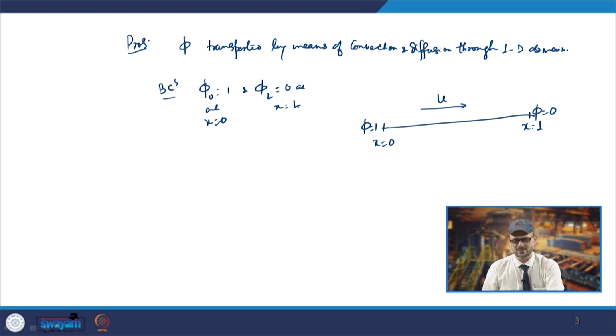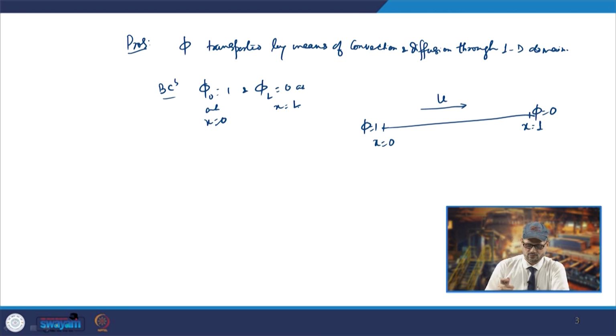Now, we will see how we find the control volumes. We will have a number of control volumes in this domain, and then we will try to assess how the different schemes are able to predict the result, and how close it is to the analytical result.